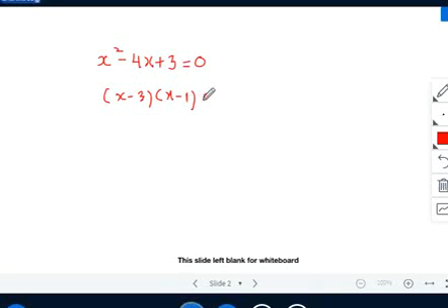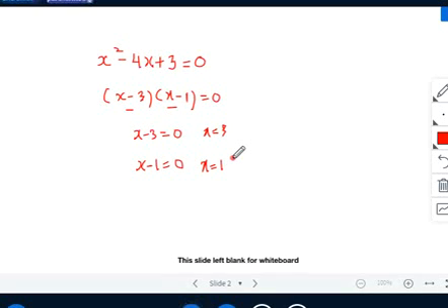Okay, so if it's equal to 0, then since there are two different factors, we can put this factor equal to 0, and we can put this factor equal to 0 as well. From here you get x equals 3, and from here you get x equals 1. So x has two values, one is 3 and one is 1.